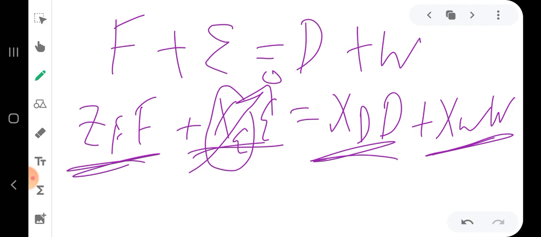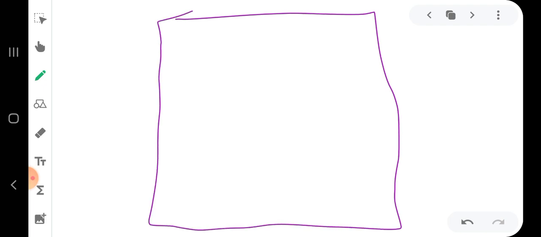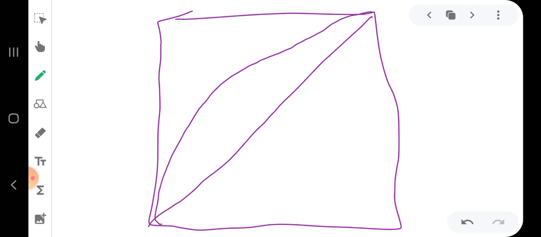plus xW W, and the difference is that when we use the McCabe-Thiele method, we will go with exactly the same procedure as the previous video. So we're gonna draw the q line, and then we're gonna draw the top section operating line, exactly the same procedure, but the difference is here.